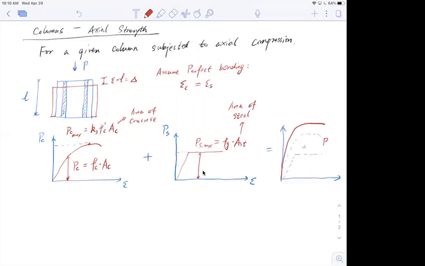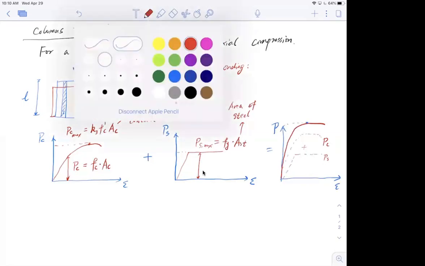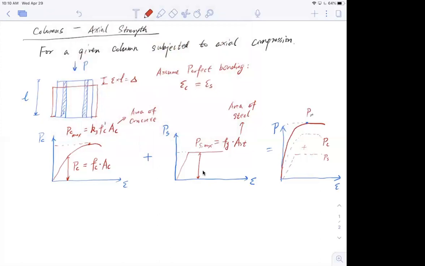So this is PC, this is PS, and this is P, versus strain. Now let's call the maximum force that the column can sustain P max, or P0. Let's just define that.